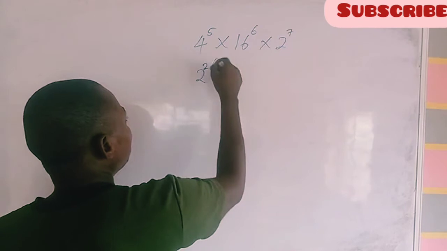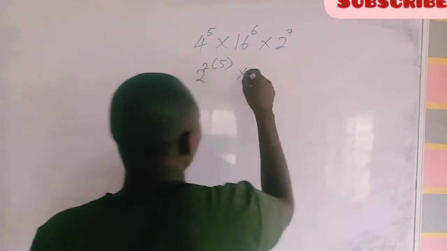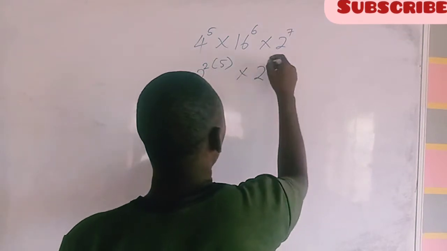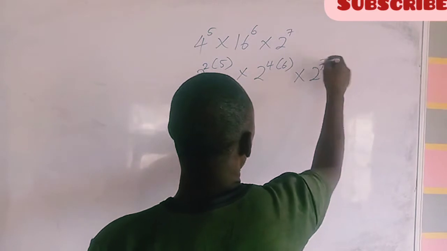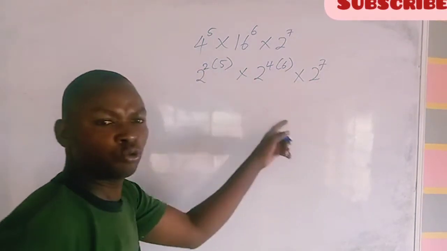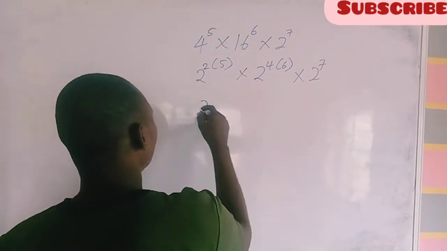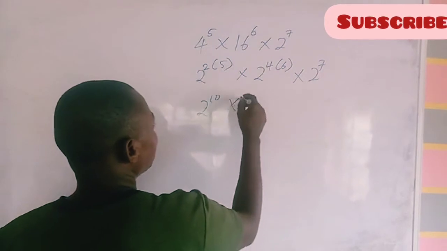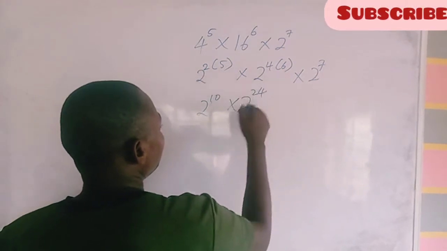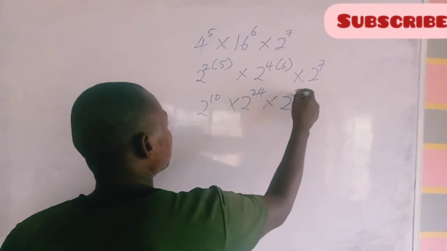Then we have the 5, times 2 raised by 4, with the 6, times 2 raised by 7. So the base is now 2, 2, 2, all through. So we now have 2 raised to the power 10, because 2 times 5 is 10, times 2 raised to the power 24, because 2 times 4 times 6 is 24, times 2 raised to the power 7.